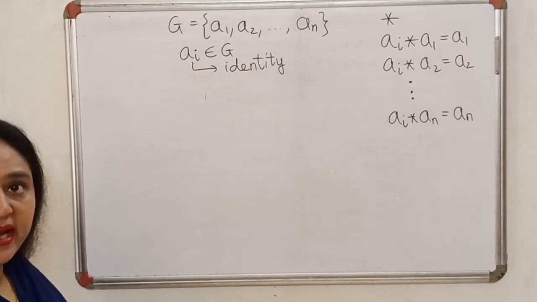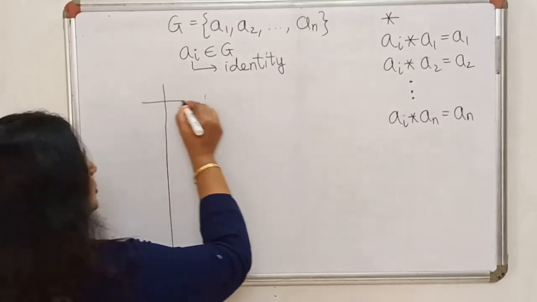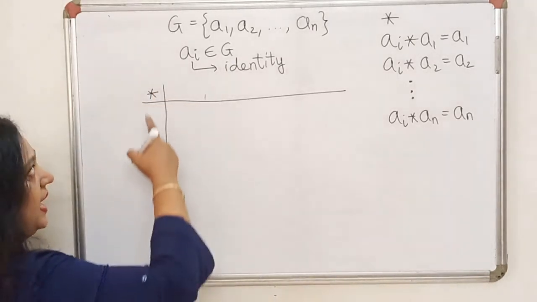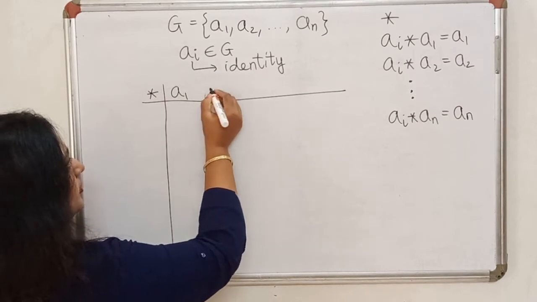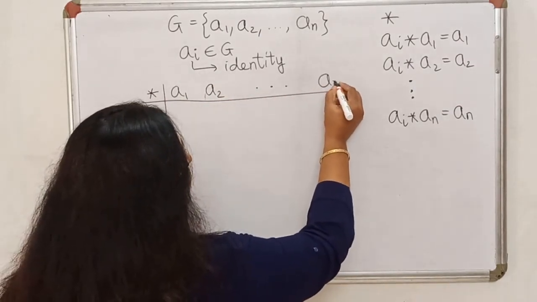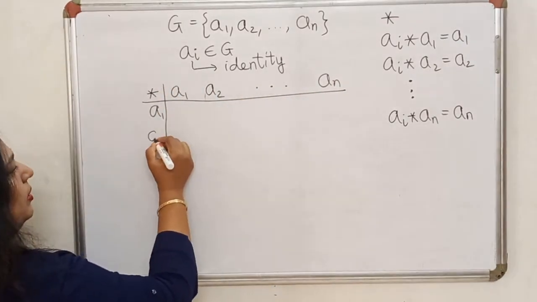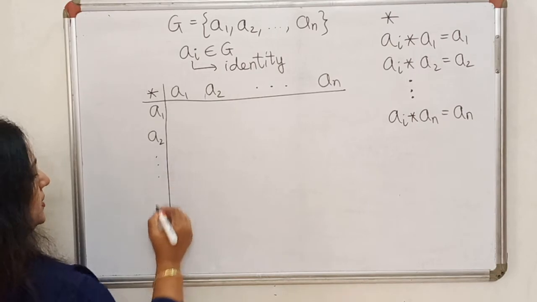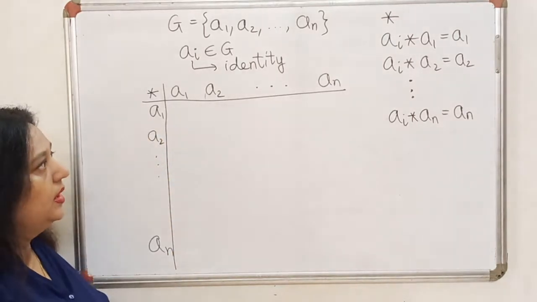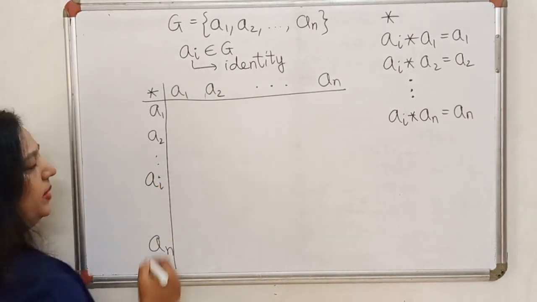Identity combined with any other element should give me that element. Now look at the composition table. Remember, we put the operation star in this corner. We write the elements in the heading row. We also write the elements in the heading column. Now somewhere out here, I will have the element Ai.